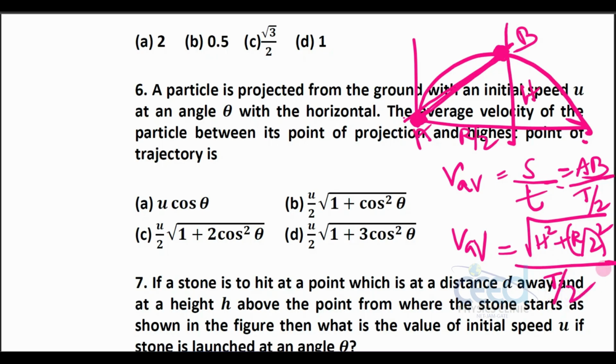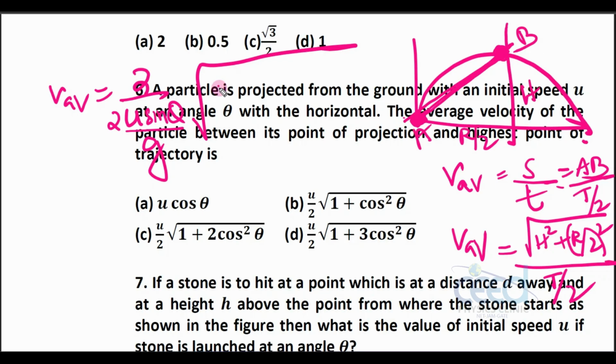Now we can write this as v average is equal to 2 by T, where T is 2u sin theta by g, right? That is our time. And what is h squared? H squared is u square sin square theta divided by 2g, whole square. And what is range?